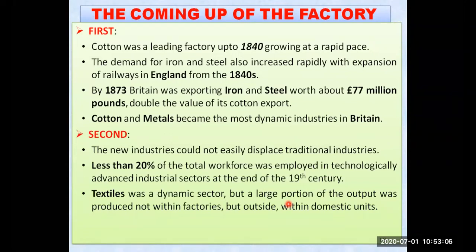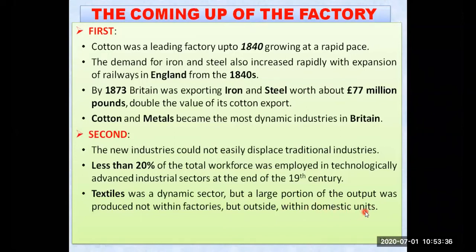People were giving priority to producing goods at their home and not in factories, because they were not technologically sound. They were not able to produce goods with the help of machines because of their illiteracy, or because they were not technologically sound.